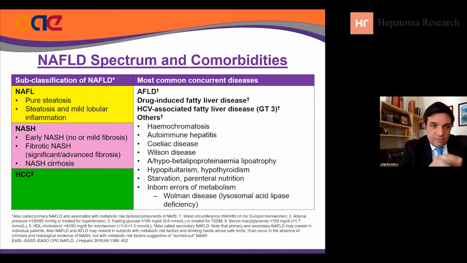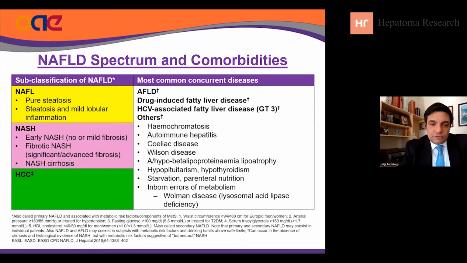If we focus on the different subgroups of NAFLD, we can see that this complexity is even exacerbated by the presence of comorbidities. In fact, alcoholic fatty liver disease is often present as well, but also other conditions that open the doors to different pathogenic mechanisms involving metabolic disruption, immune imbalance, toxicity from diet and other environmental factors.